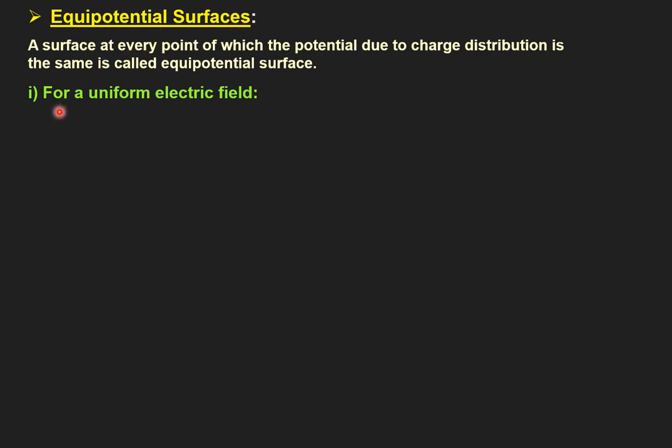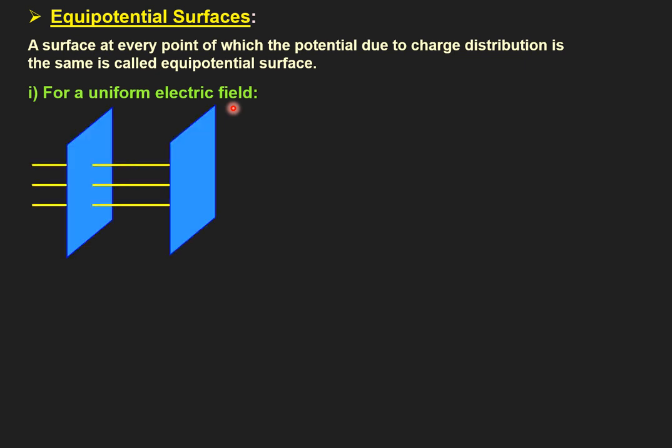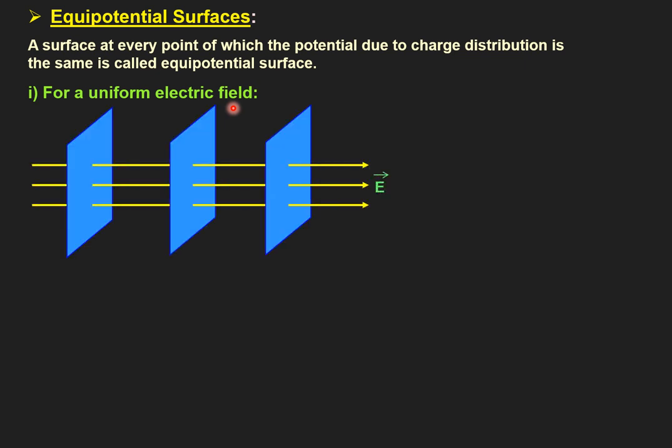Many times we are asked to draw the pattern of equipotential surfaces due to various charge configurations. First is for a uniform electric field. You must know how to draw the various equipotential surfaces due to a uniform electric field. A uniform electric field is represented by parallel and straight lines.